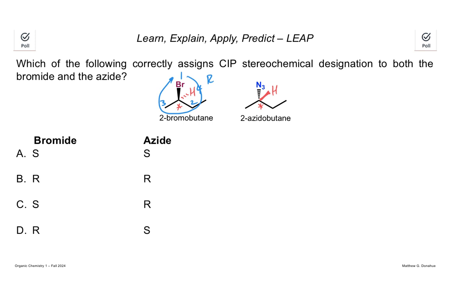So that gets rid of A and C. And then I'll do the azide in green. So hydrogen gets 4. Nitrogen's going to take priority 1. And then the same thing, the ethyl group gets 2 and 3.